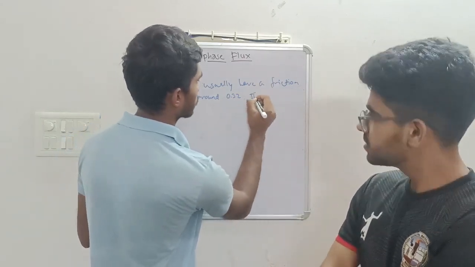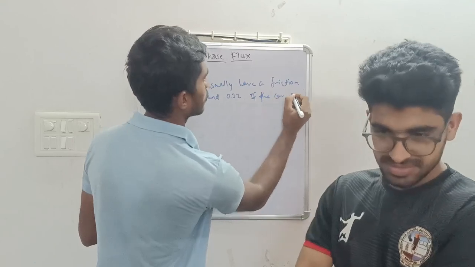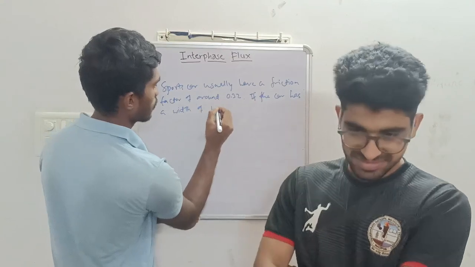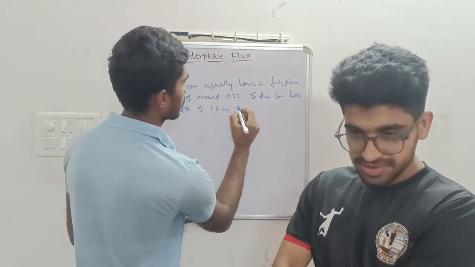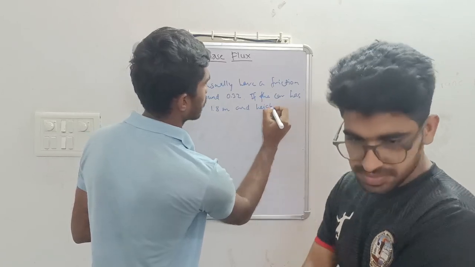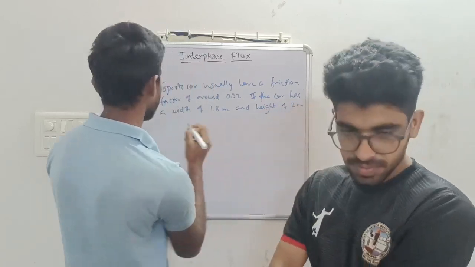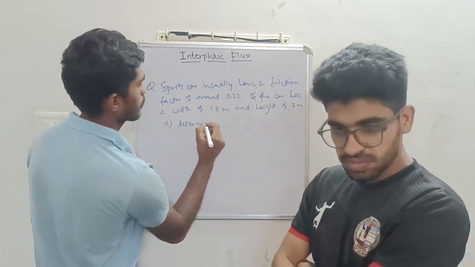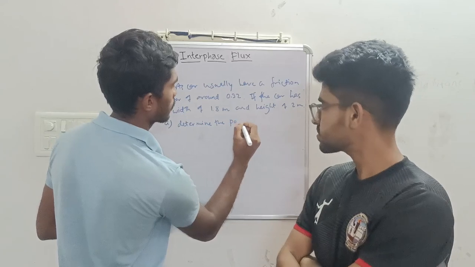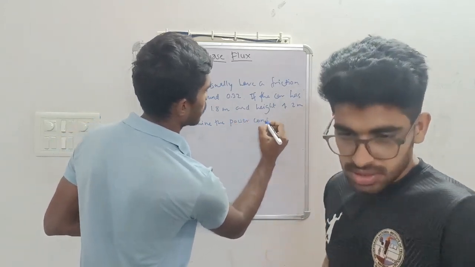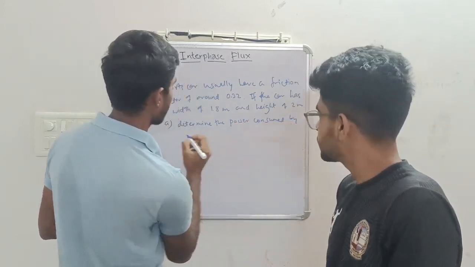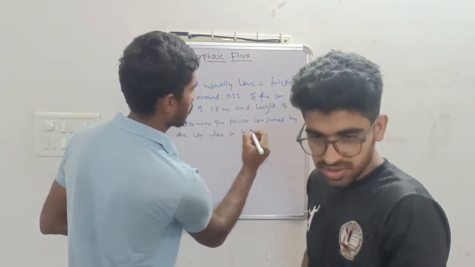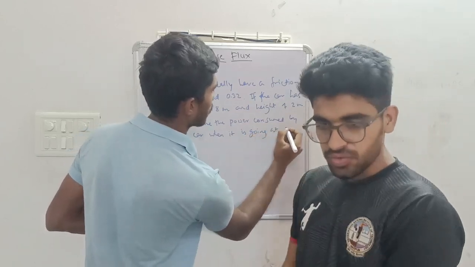If the car has a width of 1.8 meter and height of 2 meter, determine the power consumed by the car where it is going at 90 km per hour with no wind blowing.